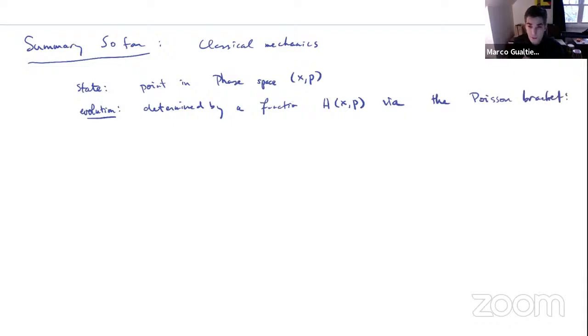and it works like this: the time derivative of x is given by the vector field determined by the function h acting on x. And the way that p changes is by the vector field determined by the function h acting on p.